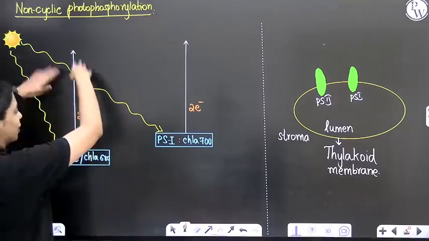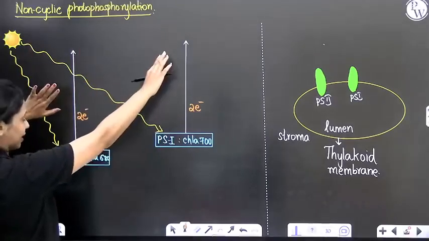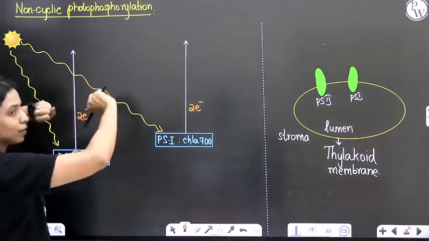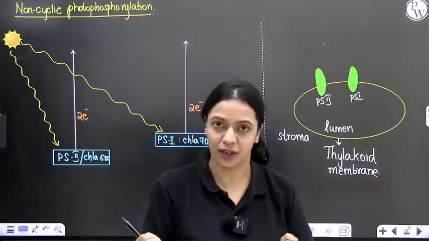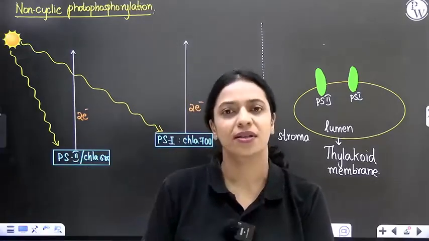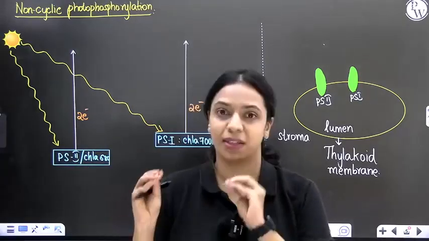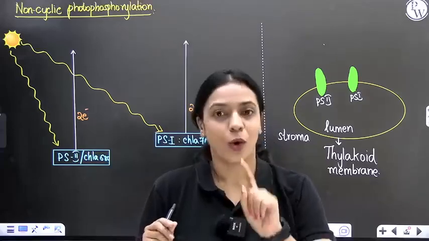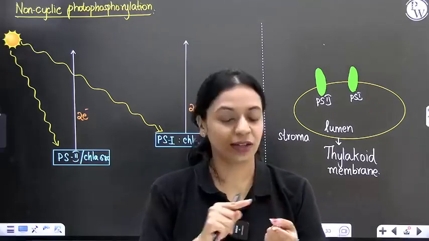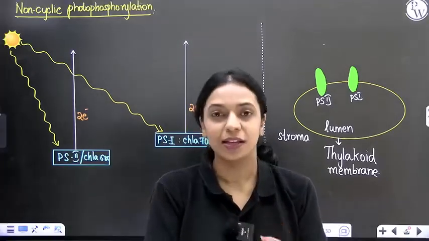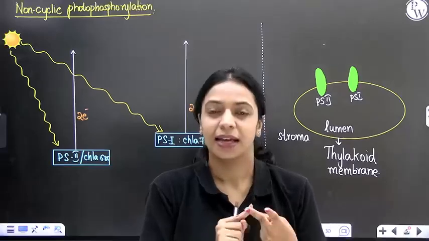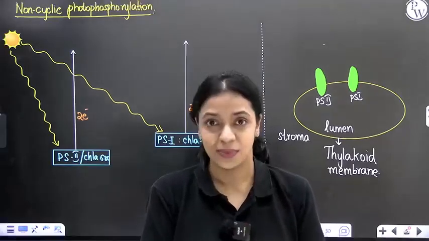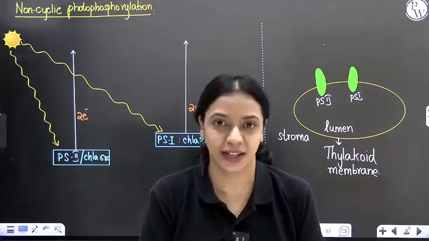Now these electrons that have been excited are picked up by electron acceptors that are very close in the photosystem itself. Remember when I told you what all the photosystem includes, I said in the photosystem there are pigments, proteins, certain enzymes, and it also has certain electron carriers, right?